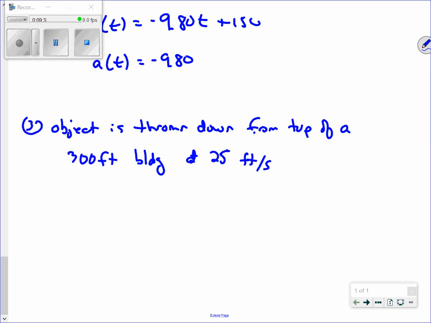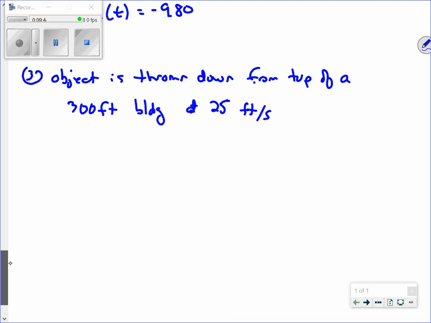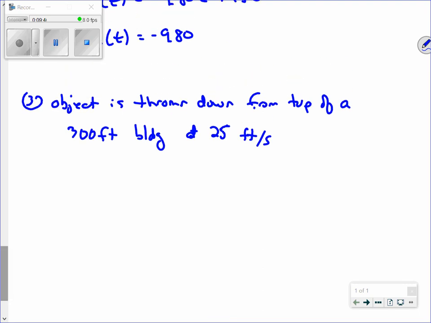Okay. All right, so we're in feet again, so we're going to use the one with the 16, not the 4.9. All right.